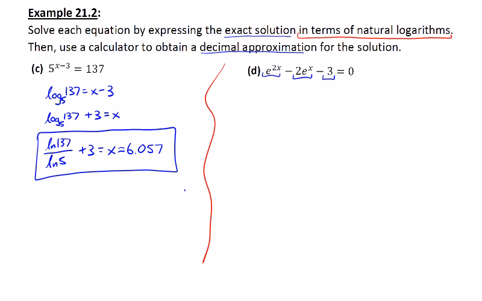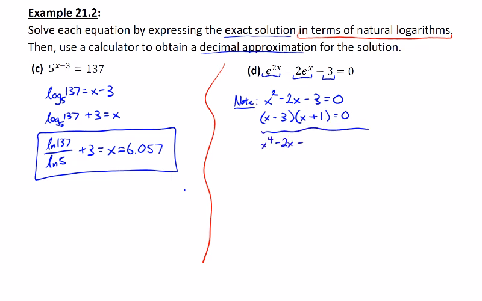So one of the things that I want to mention, let me make a little note here about factoring. For example, if I give you the polynomial x squared minus 2x minus 3 is equal to 0, that will factor using the trinomial factoring technique into x minus 3 times x plus 1. Same thing can be done if I had, for example, x to the 4 minus 2x squared minus 3 all equal to 0.